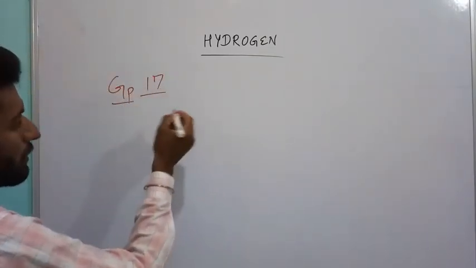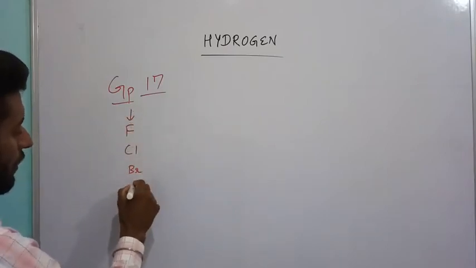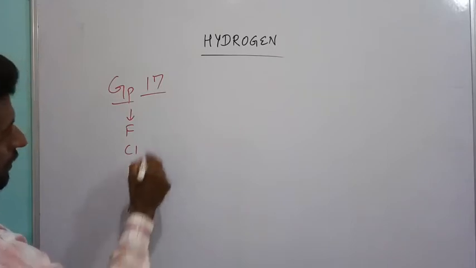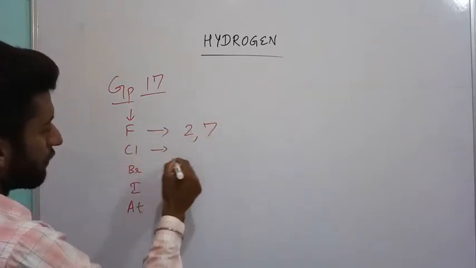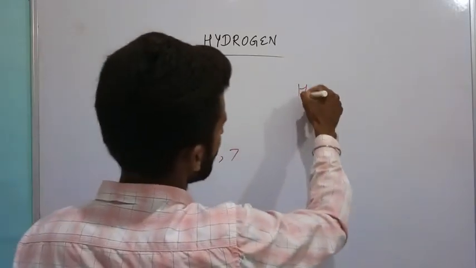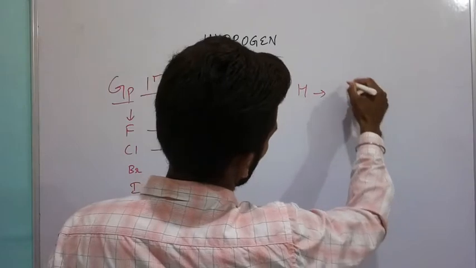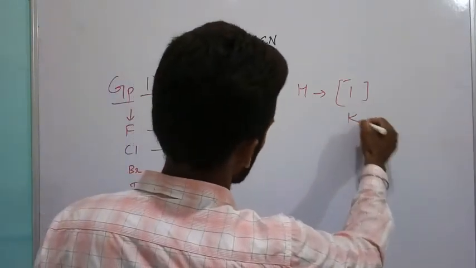So which are the group 17 elements? They start from fluorine, then chlorine, bromine, iodine and astatine. Fluorine has electronic configuration 2,7, chlorine is 2,8,7 and so on. Similarly, hydrogen has only one electron in the K shell.